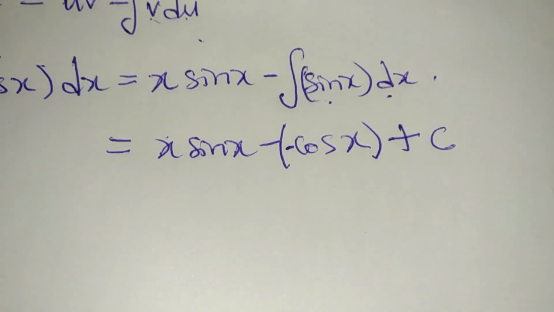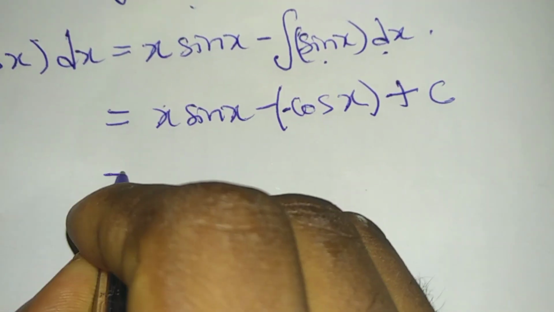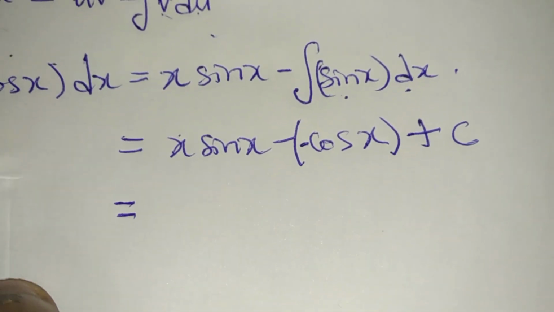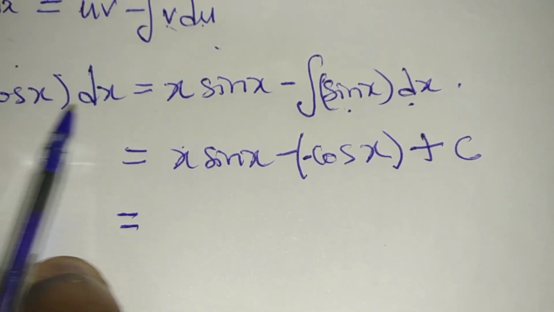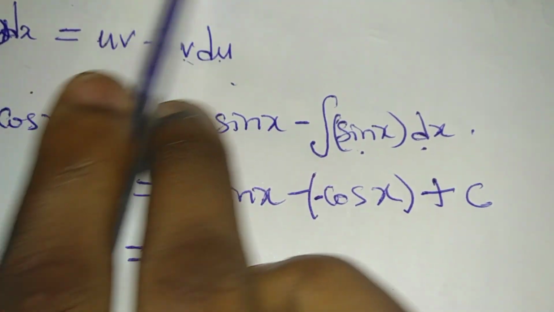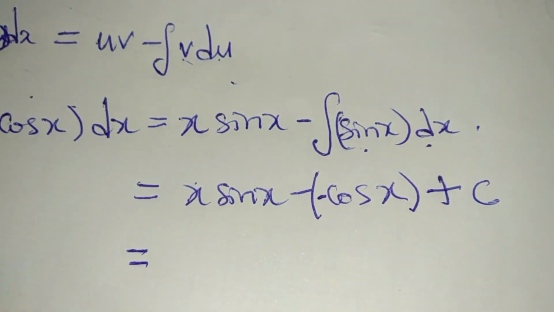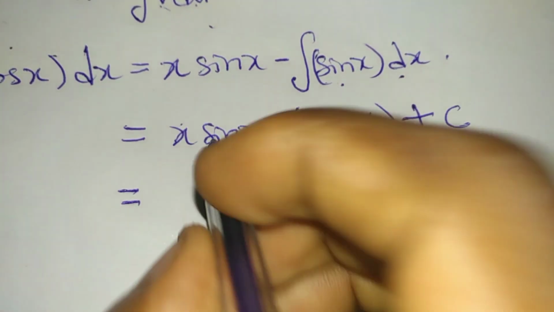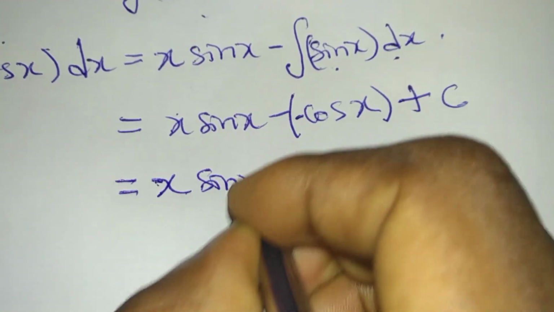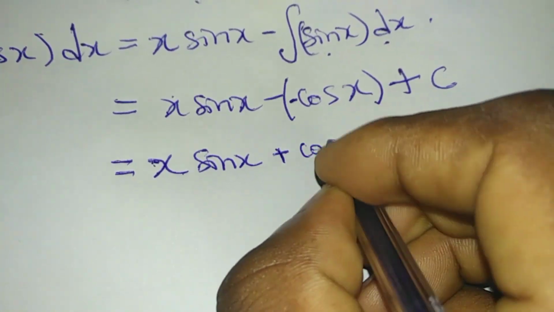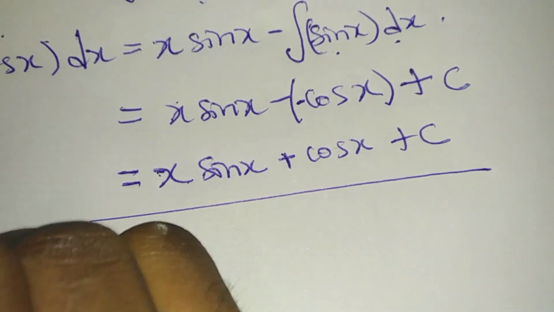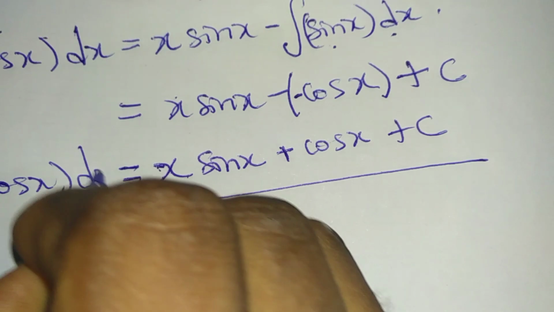So we are going to have x sine x plus cos x, plus the constant of integration, as the integral of x cos x dx.